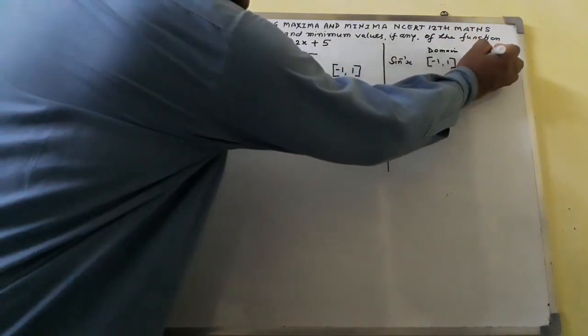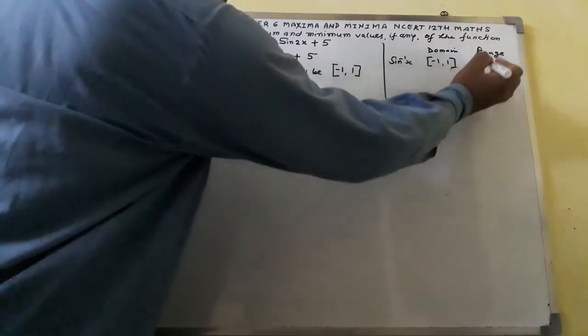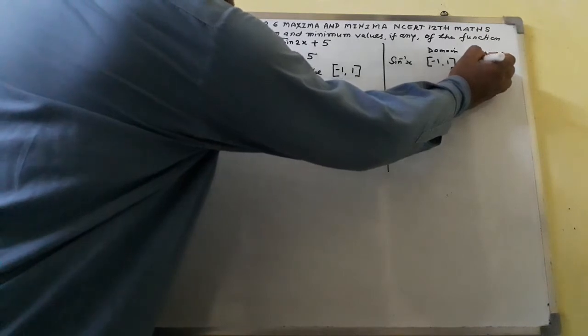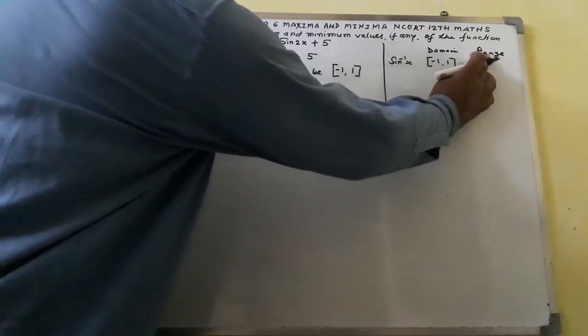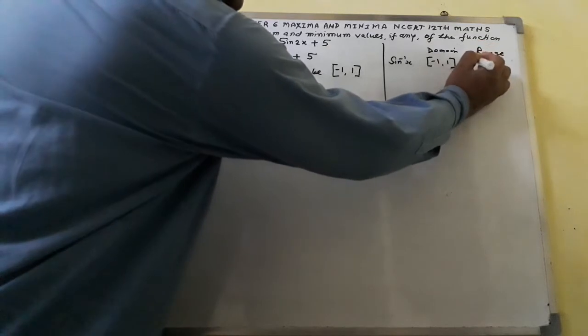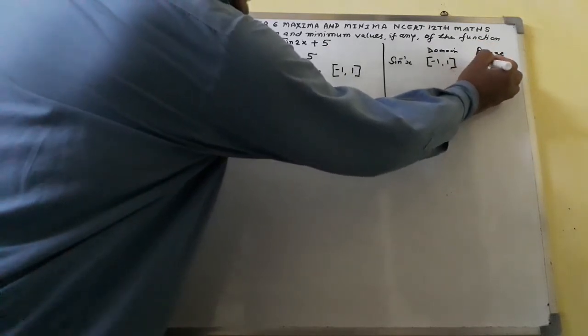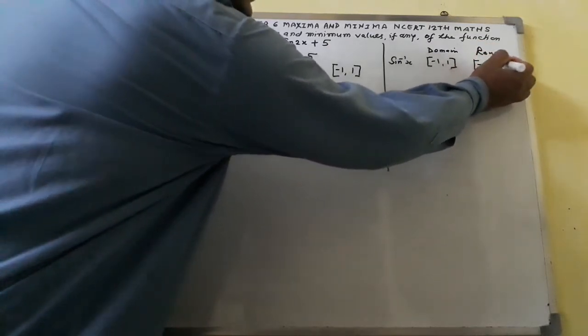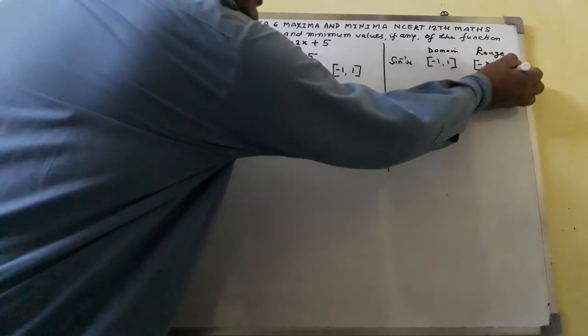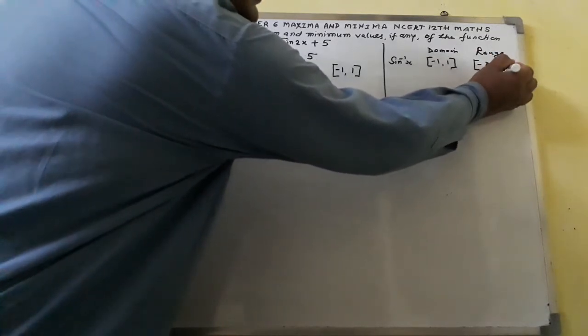The range you will get is the closed interval -π/2 comma π/2.